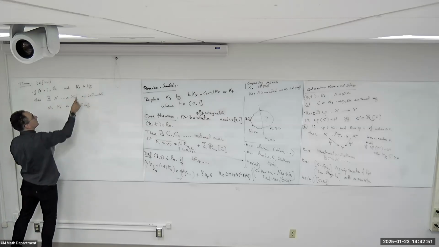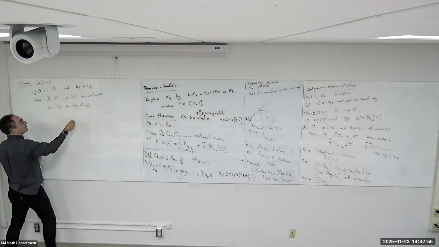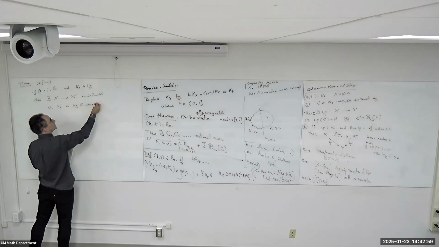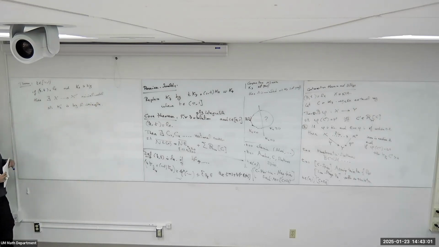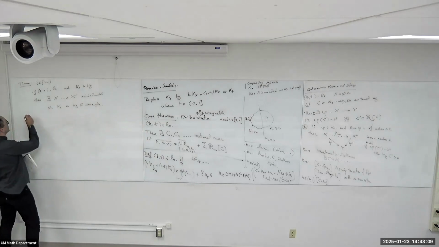Big is not surprising, because this is big and it's still big. Since it's a minimal model program, it becomes nef, but actually it's more than nef. It's semi-ample. So we can construct a canonical model from here.